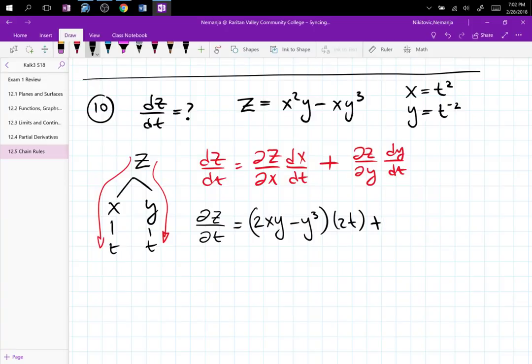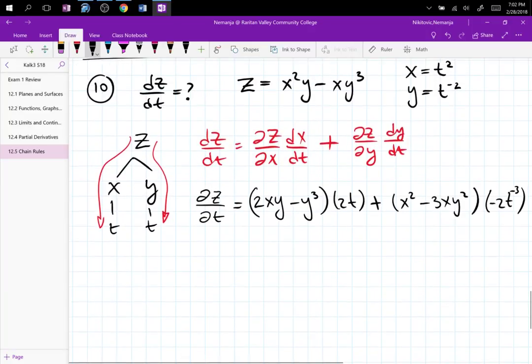Plus, now I have dz dy, which is x squared minus 3xy squared, and then dy dt is going to be negative 2t to the negative 3. Now we need to simplify all of this, and that algebra obviously is a bit annoying, but that's okay.